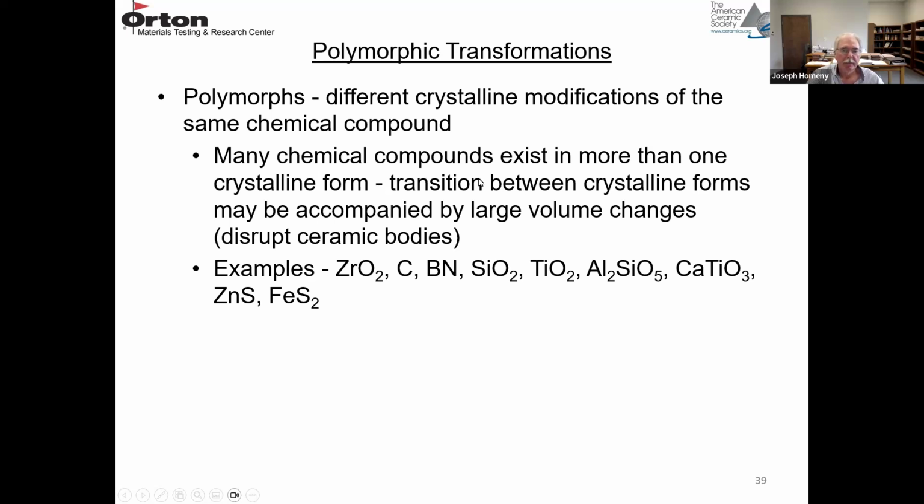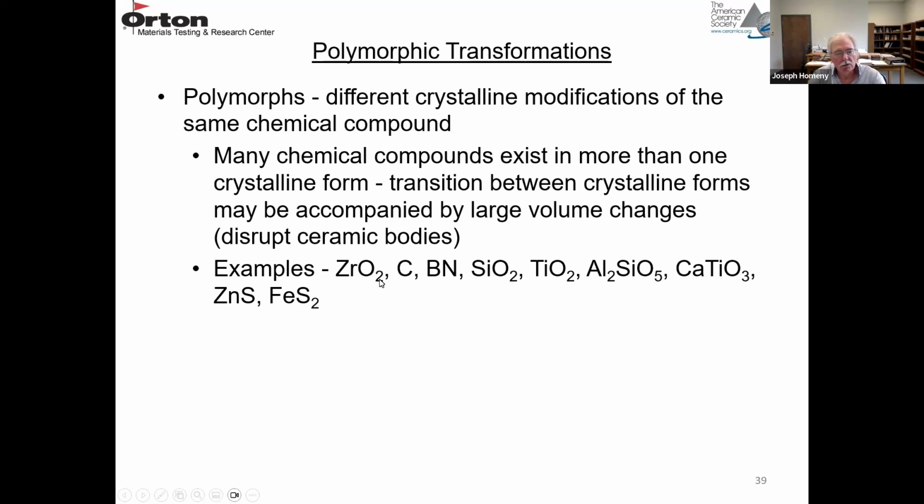And when these compounds transform, as you heat them up from one crystal structure to another, that can be accompanied by large volume changes. Large changes in volume are going to disrupt ceramic or refractory materials, create stresses, create micro cracks, and can actually, in some cases, disintegrate the microstructures, depending on how large the volume changes are.